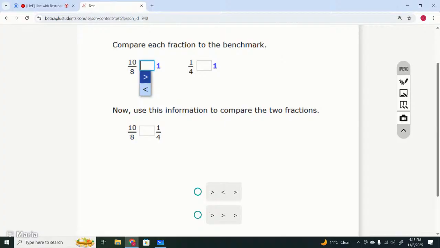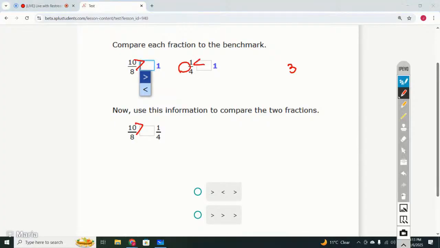10 by 8. Again, the numerator is greater than the denominator, right? So 10 by 8 is greater than 1. And for 1 over 4, just 1 out of 4 portions is colored. That is obviously less than 1.